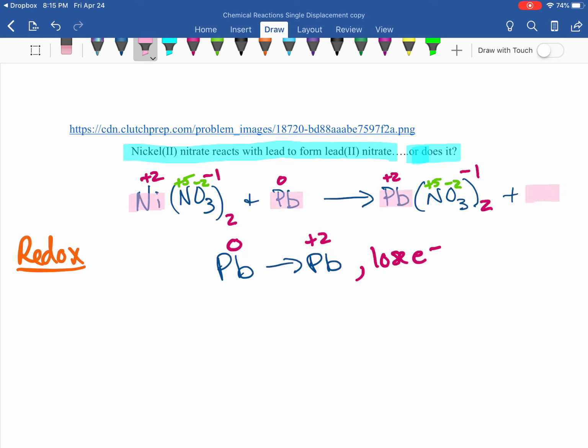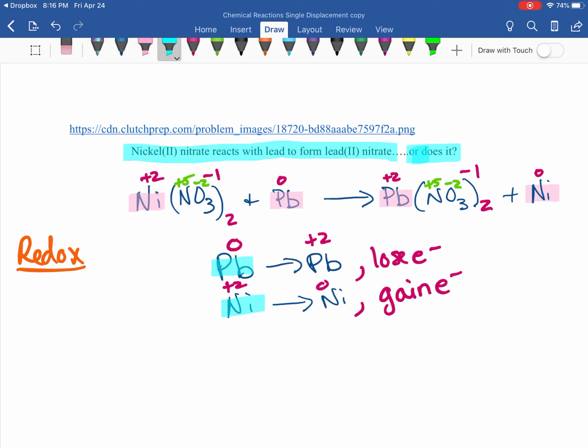Well, we have to have something else change. And we saw in that last example that it's almost like our two metals change. They switch partners. So the other partner has to be your nickel. It's the only thing left. And then nickel is going to change from +2. What is it going to change into? Well, we just switch partners, so it's going to end up by itself.